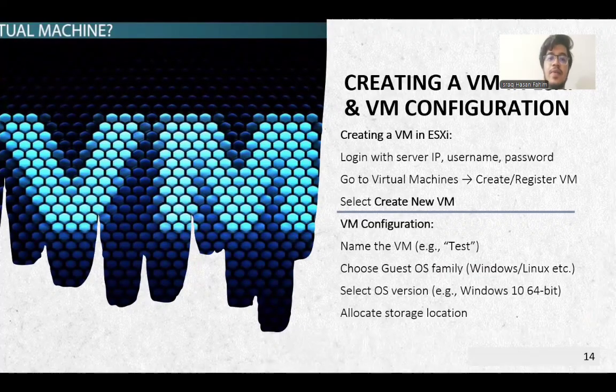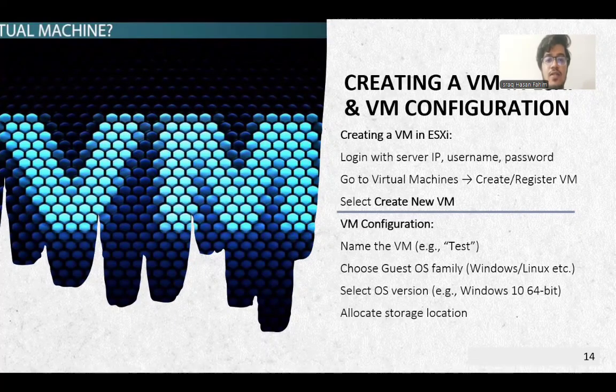ESXi and VM configuration. After setting up ESXi, the next step is creating virtual machines. In vSphere, we simply choose create new VM, select the OS type, and allocate CPU, memory, and storage.